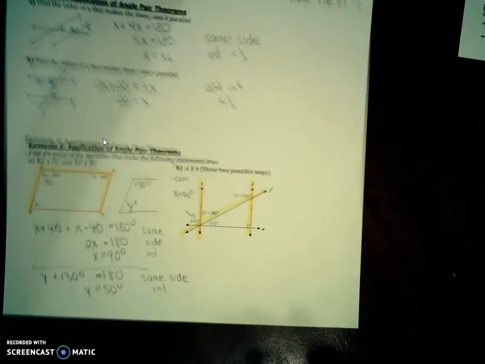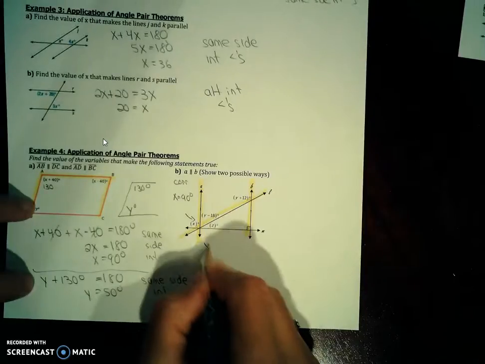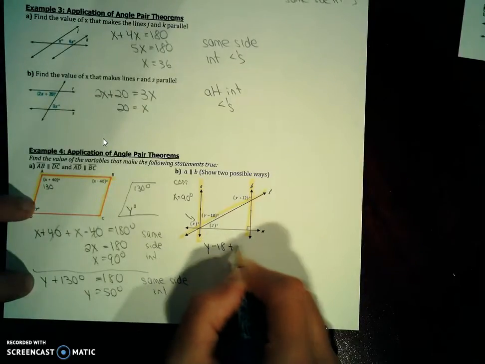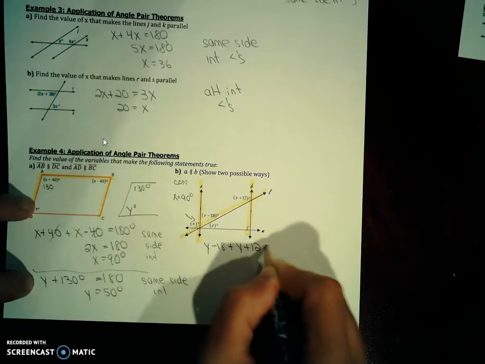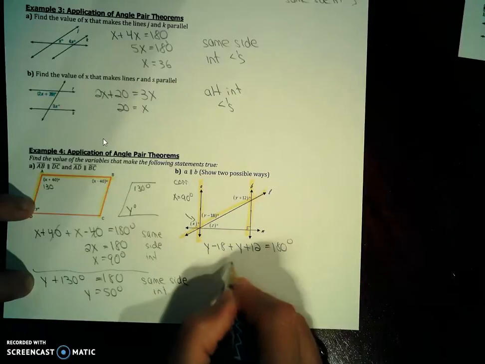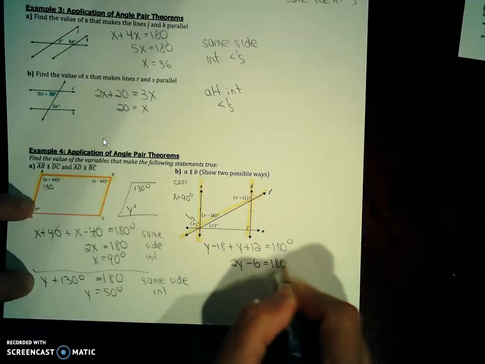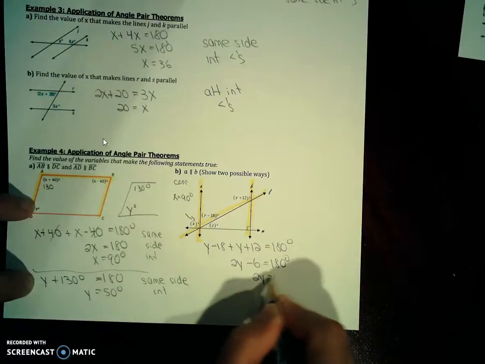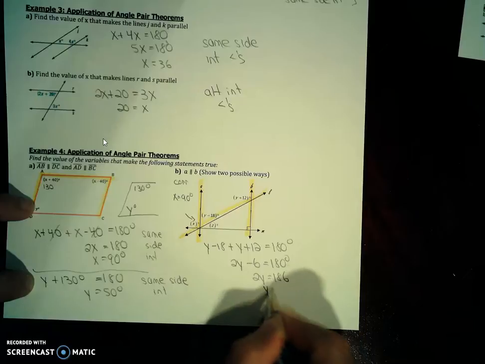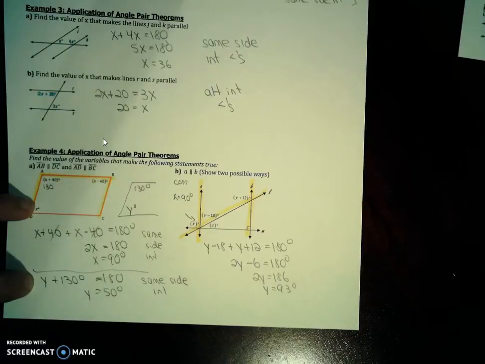Let's set up that equation. In other words, y minus 18 plus y plus 12 has to equal 180 degrees. Let's combine the like terms, and then you have an algebra 1 equation to solve. We end up with y is equal to 93.